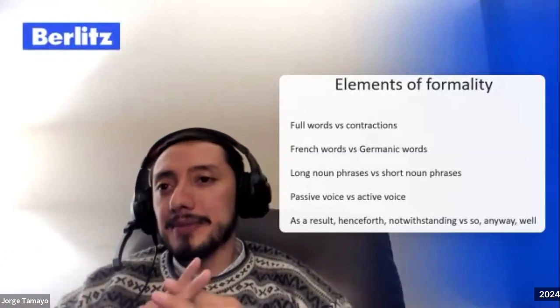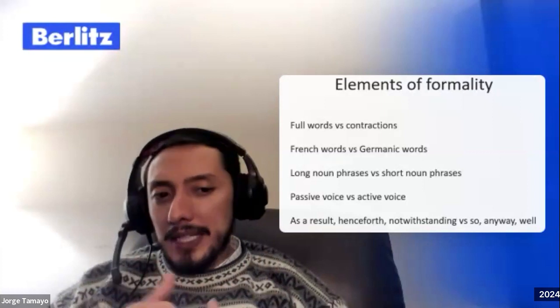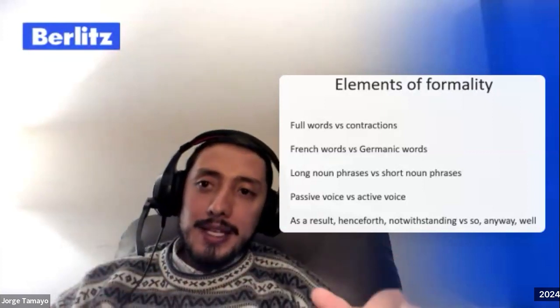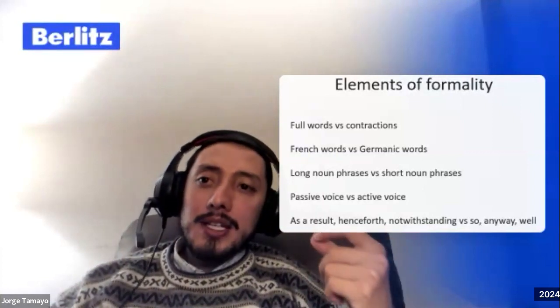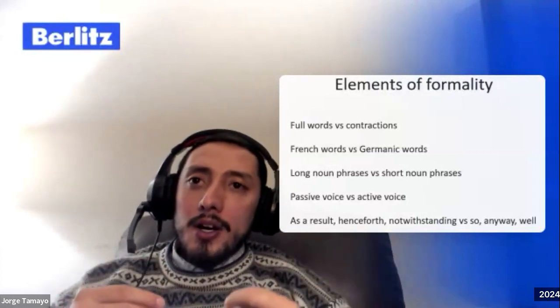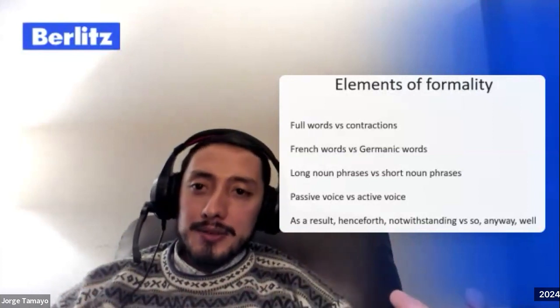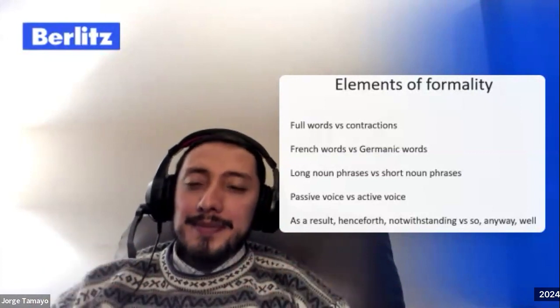That's it, right? Okay, now another element that is also important is the use of passive voice versus active voice. When you want to be more formal, passive voice is of the essence. That means focusing on the results rather than on who's doing the action. To give you an example, think about politicians.